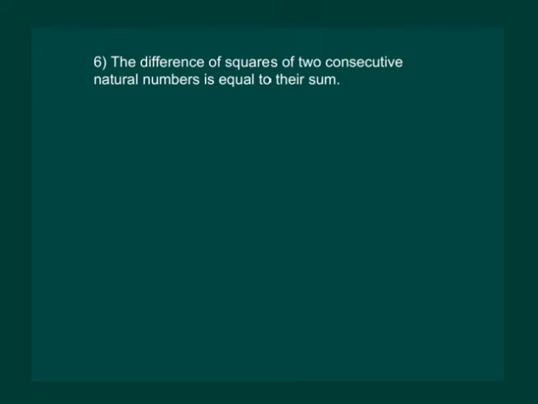Next property states that the difference of squares of two consecutive natural numbers is equal to their sum. Let us verify. Let us take 4 square, that is 16, and 3 square, which is equal to 9.